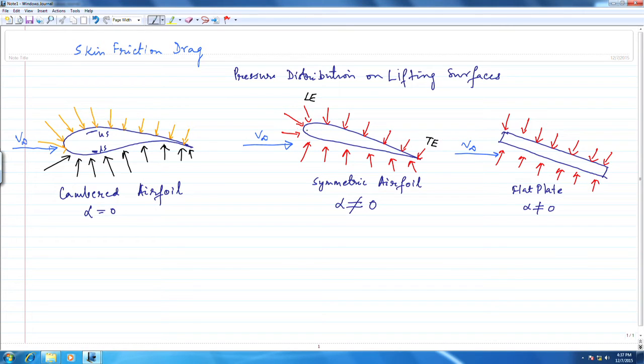If I join that, sorry, that should be a straight line. So if I join basically the leading edge and the trailing edge, I need to get a straight line here.